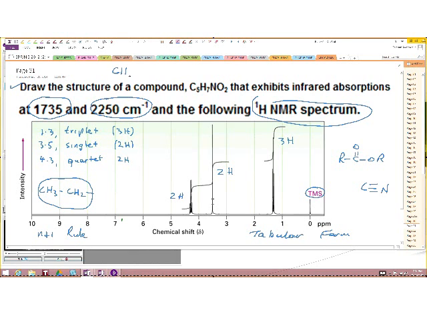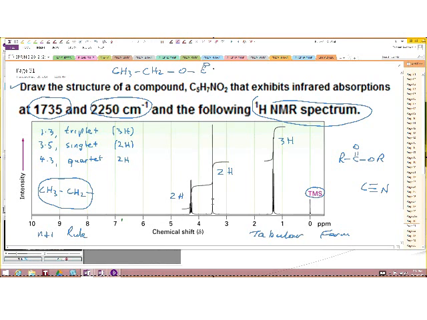So I would say we have CH3, CH2, and you notice this CH2 here is 4.3. For this to be 4.3, it must be next to an electron withdrawing group. Since you have an ester in this molecule, I would take a chance and say probably next to oxygen.